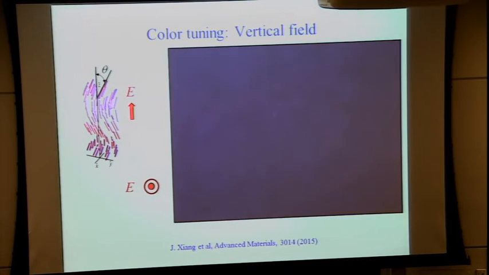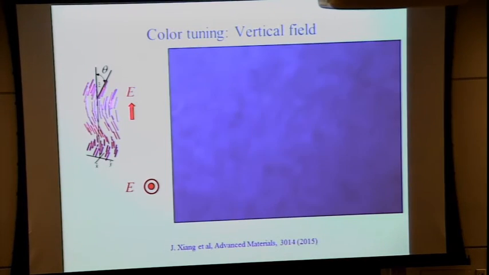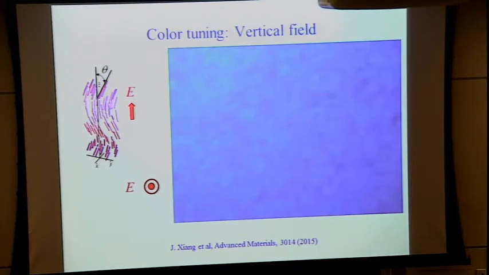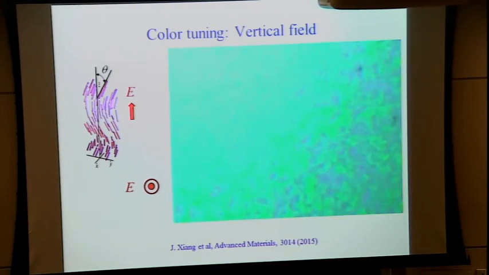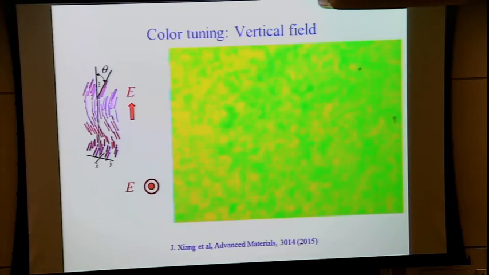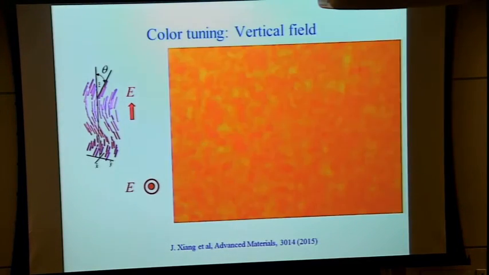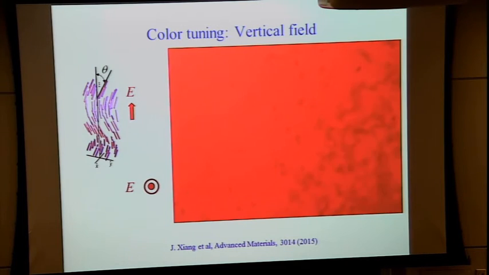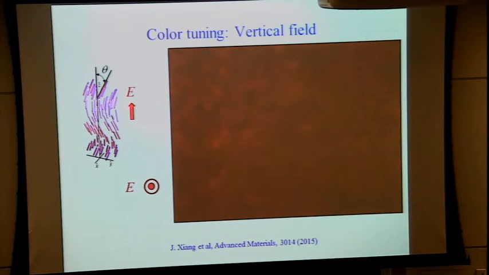Depending on the value of the electric field, the spring kind of stretches or shrinks. And because of that, the Bragg conditions change. And because of that, you have colors of reflected light changing nicely.